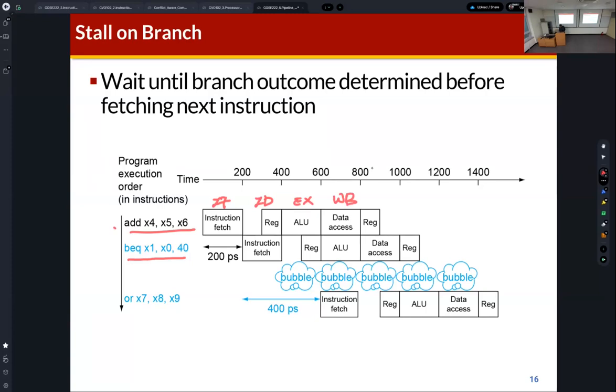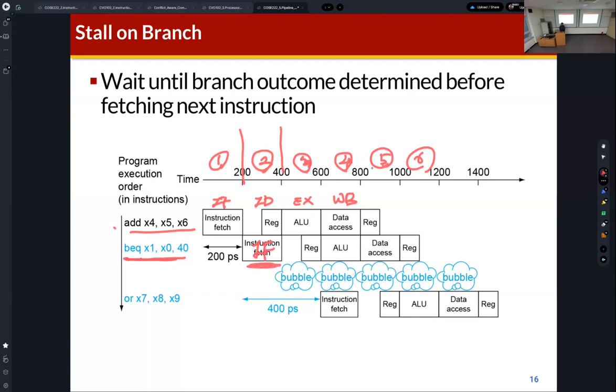And then this is the BEQ instruction. So this is clock cycle 1, 2, 3, 4, 5, 6. At clock cycle number 2, BEQ is fetched. It's an instruction fetch, right?